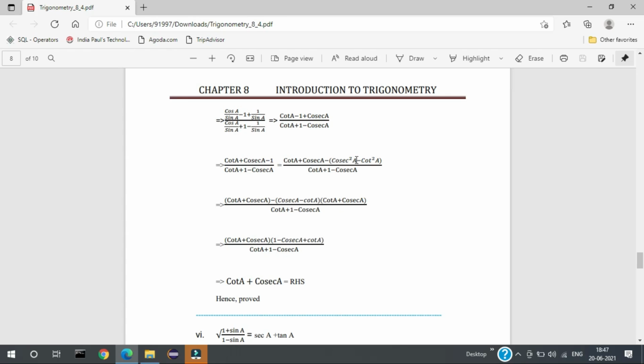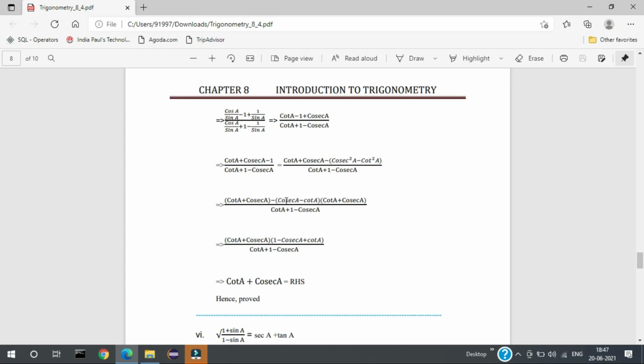So cosecant square A minus cot square A by cot A plus 1 minus cosecant A. So cot A plus cosecant A minus, cosecant A minus cot A, cot A plus cosecant A. So cosecant square A minus cot square A can be in the form of A square minus B square.